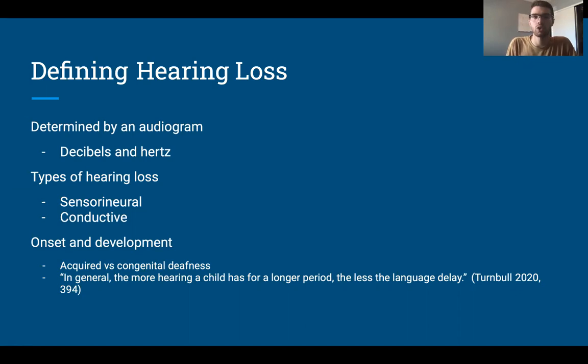Now, when we're looking at the linguistic development of a student, any sort of exposure that a child has had to written or spoken language greatly aids in their linguistic development, meaning that a student who goes deaf or has a hearing loss later on in life will be able to pick up on these linguistic and social cues more than a student who is deaf from birth.